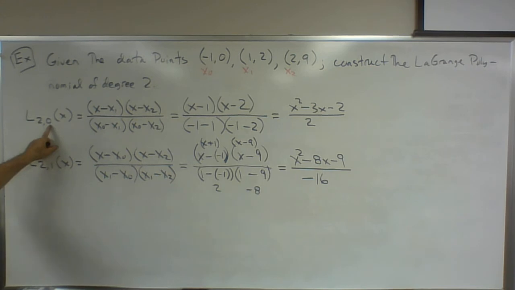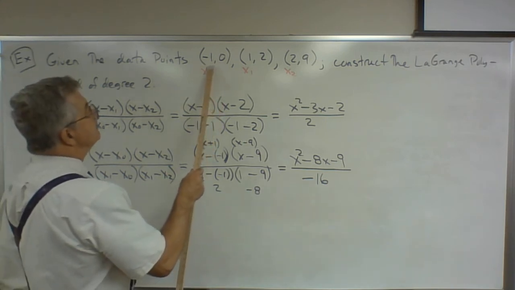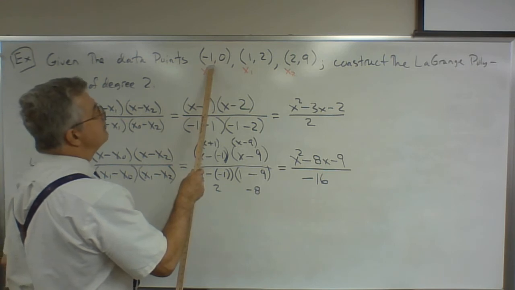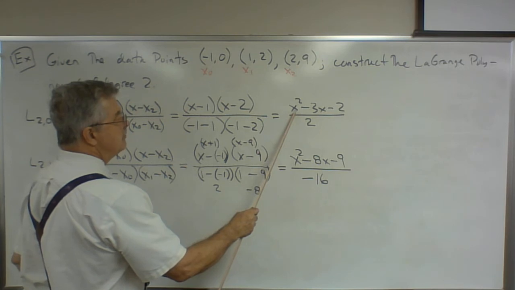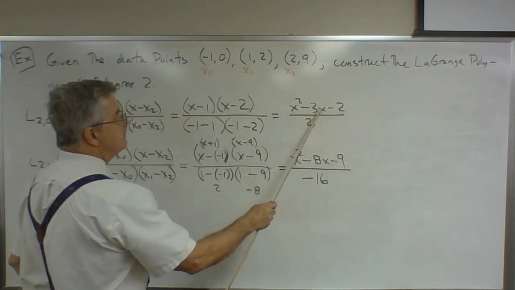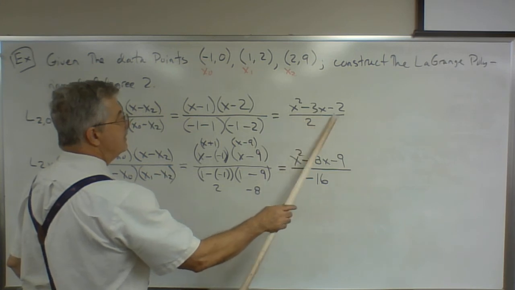This appears to be correct. If I plug in x0 into this zeroth Lagrange coefficient, I should get 1. Do I? Here's x0, negative 1. What happens when I plug it in? Negative 1 squared is 1. Minus 3 times a negative 1, so that's 1 plus 3 is 4.